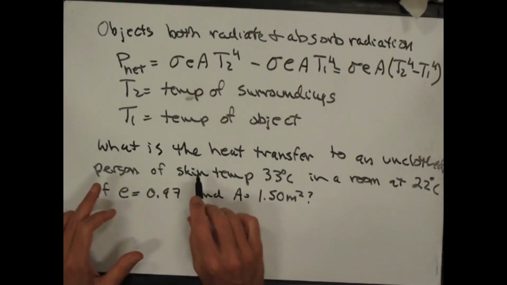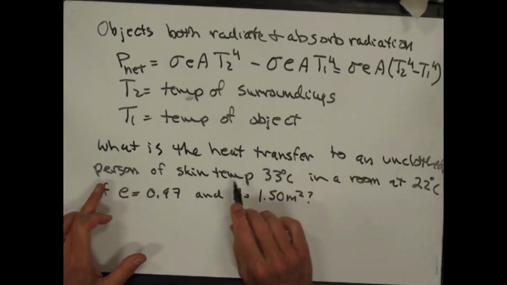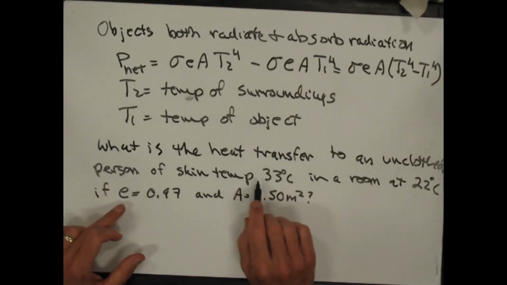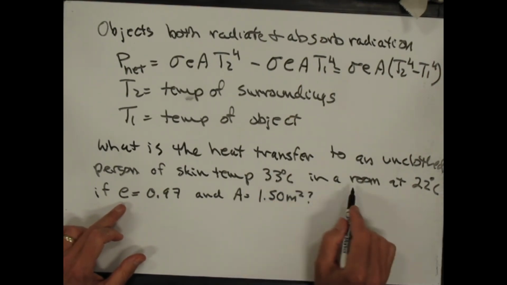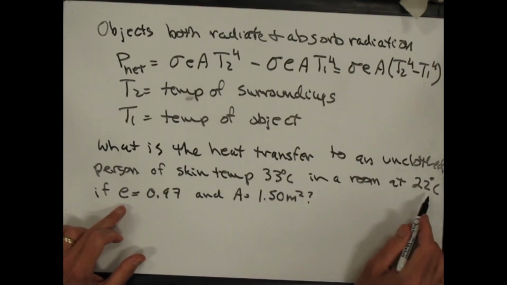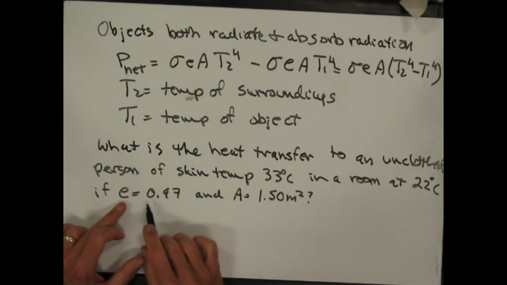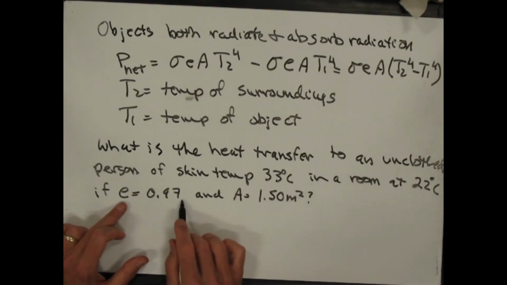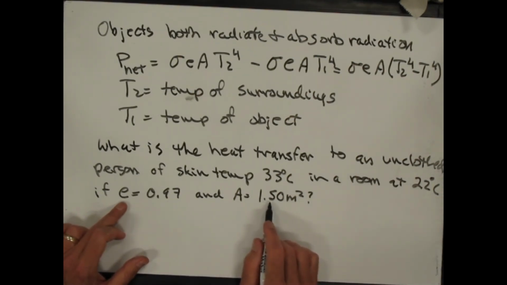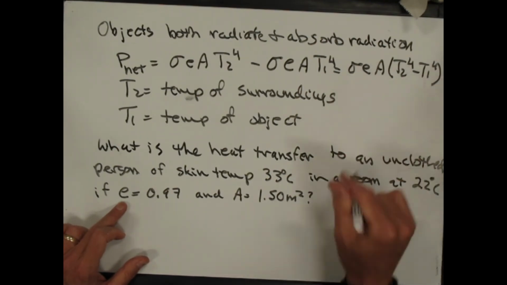So in this problem, we'll say, what is the heat transfer to an unclothed person of skin temperature 33 degrees Celsius in a room at 22 degrees C if the emissivity is 0.97 and the area of the person is 1.5 square meters. And so here's my formula.